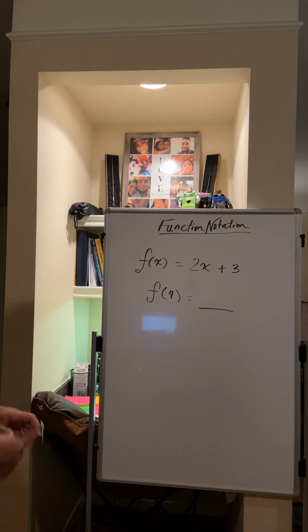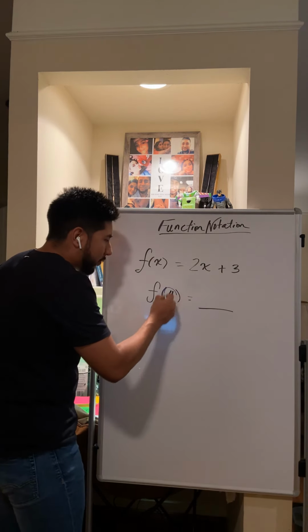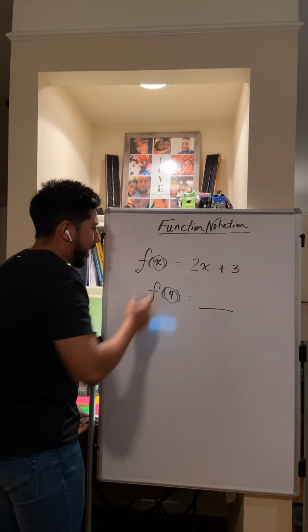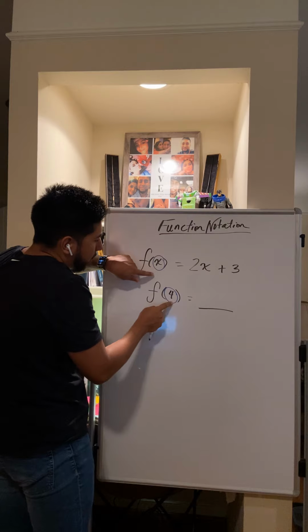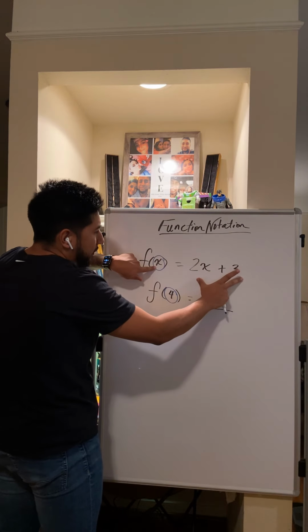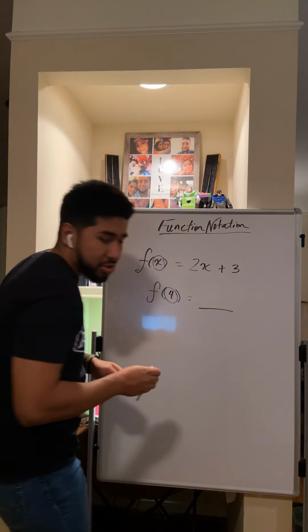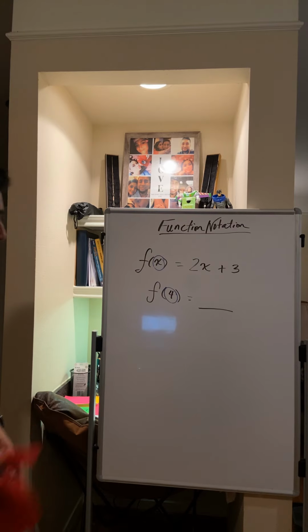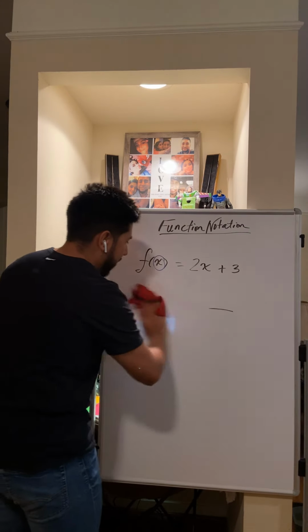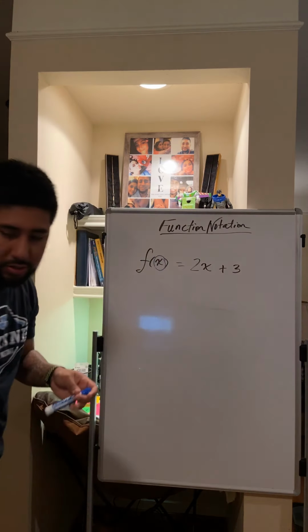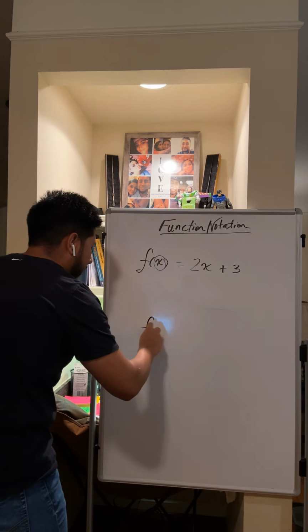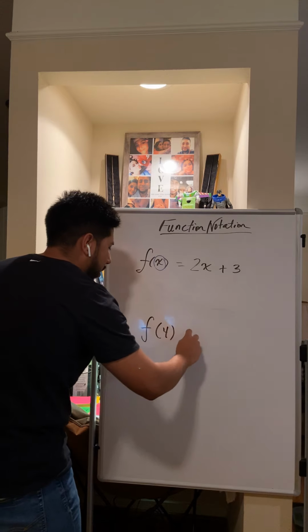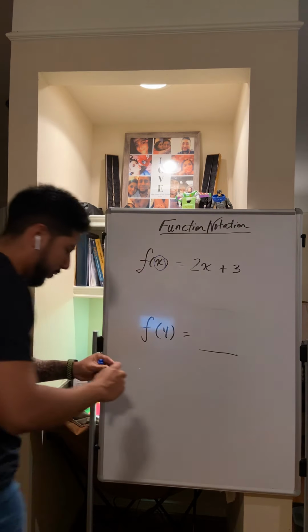This 4 is my x. It's already telling you, I'm going to use 4 as my x in this function to give me an answer. Let me write it down. f of 4 equals an answer.